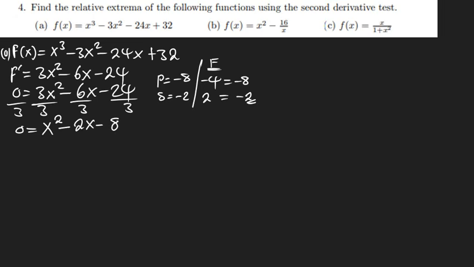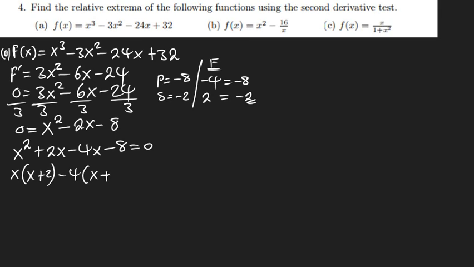Okay, cool. So from there, we are going to have x to the power 2 plus 2x minus 4x minus 8 equal to 0. Then x is common, x plus 2. Negative 4 is common, x plus 2. So our critical points are found where x plus 2 times x minus 4 is equal to 0.